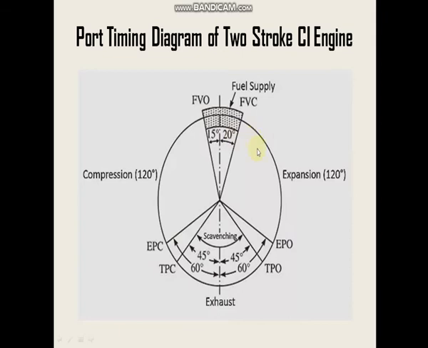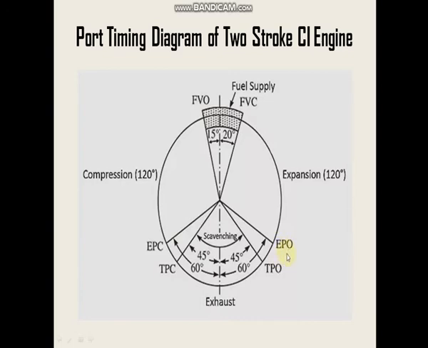The piston again moves towards the bottom dead center, and 60 degrees before BDC, it uncovers the exhaust port, and the exhaust, or residual, gases are removed from the combustion chamber. That's why it is known as EPO, which means exhaust port open.